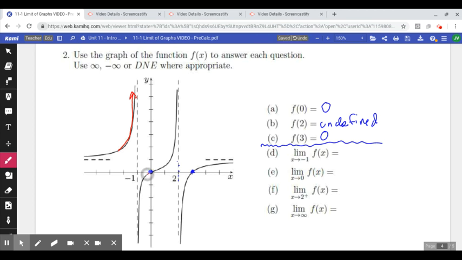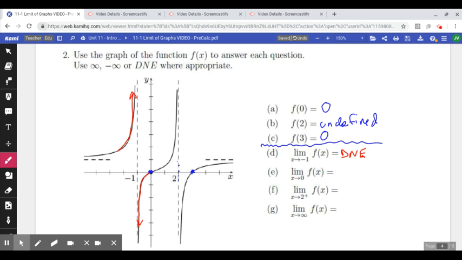If we approach -1 from the right side, the graph just continues down, or to negative infinity. Those values are definitely not the same. Well, they're just concepts, I guess, not actual numbers. But anyway, the limit from the left and the right is definitely not the same when x is approaching -1. So we would write DNE, standing for does not exist. That two-sided limit as x approaches -1 of the function f does not exist.